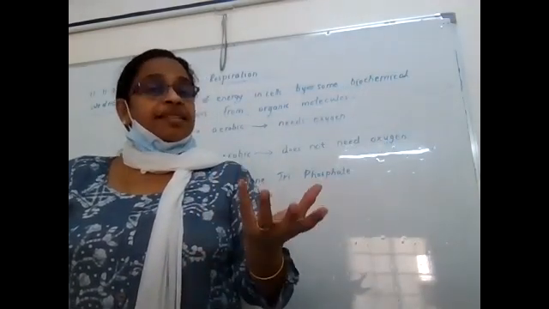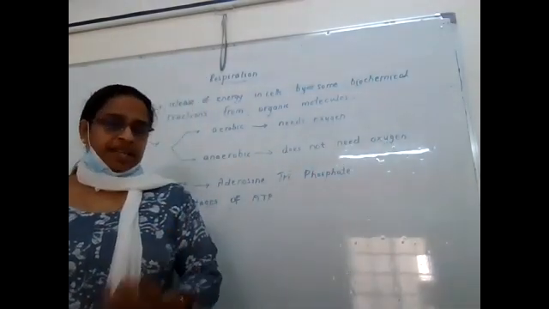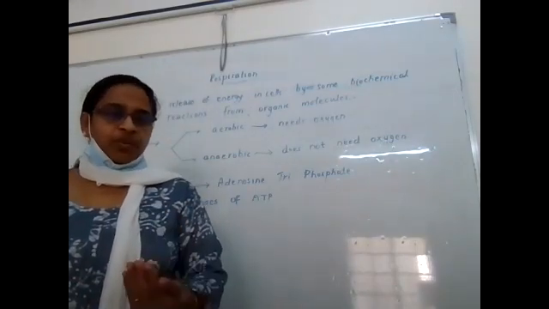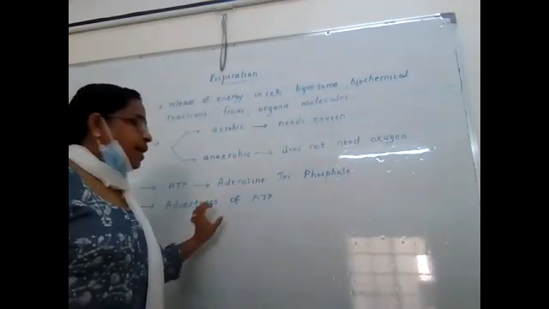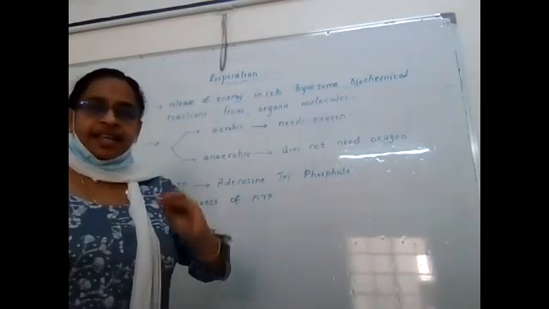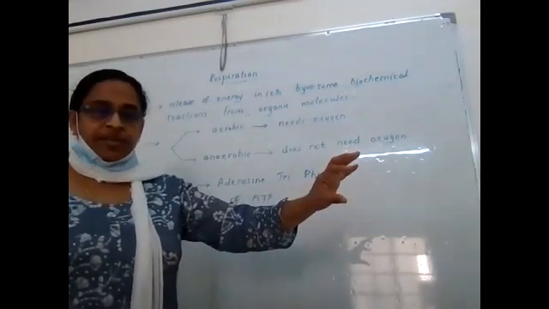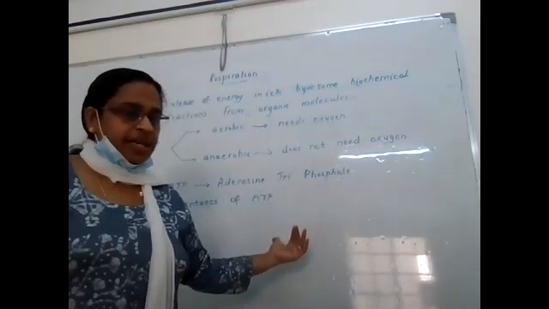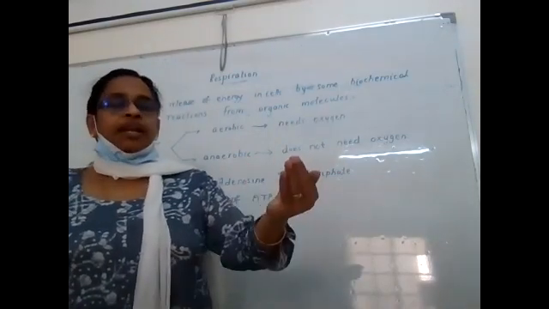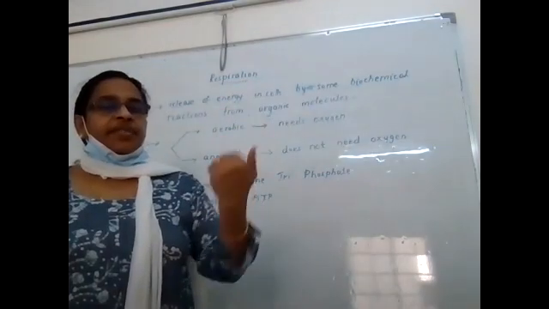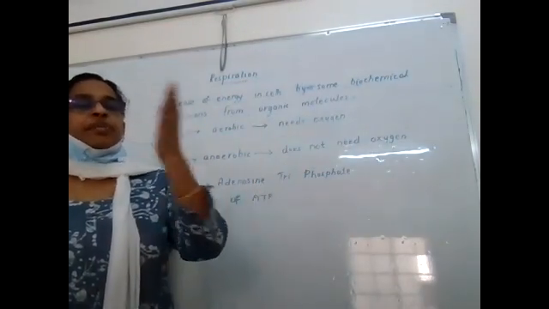And if you sell something, you will get money. The same way, whenever the cell needs energy, ATP will give energy, by some reaction. I will explain that one. And when the energy is given back, the ATP will be produced back.